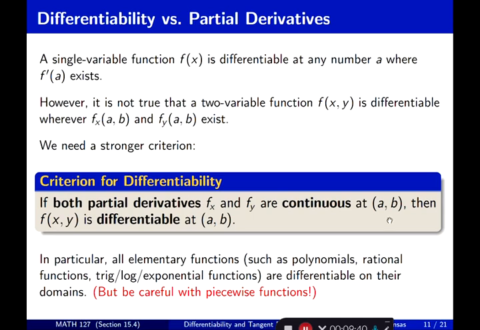But for a function to be differentiable, f sub x and f sub y are supposed to be continuous, not only exist but continuous at a and b. So in particular, all elementary functions such as polynomial, rational functions, trig, log, and exponential functions are differentiable on their domain, and we worry about piecewise defined functions. Those are non-elementary.